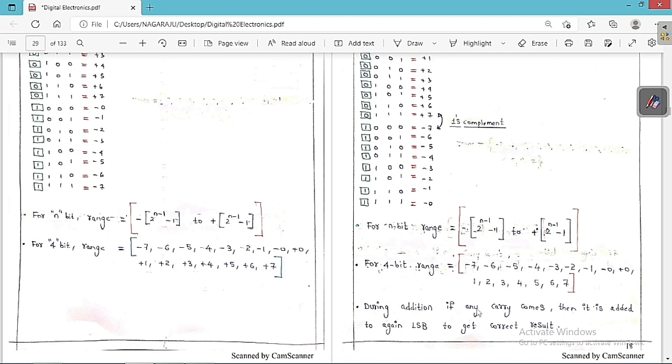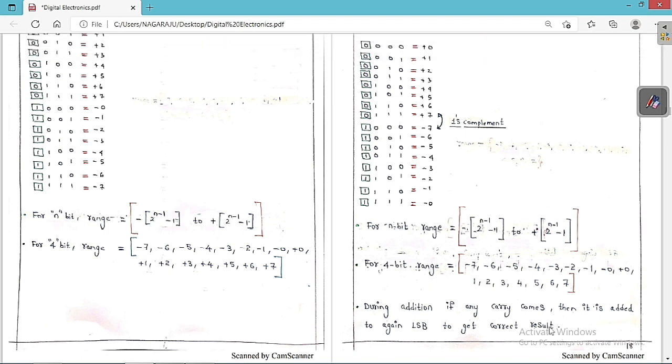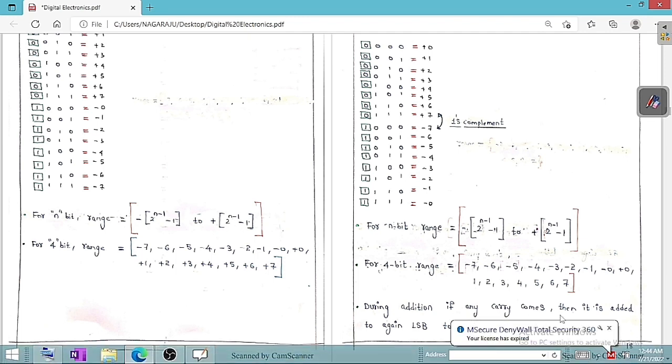So during addition, if any carry comes, then it is added again to the LSB to get the correct result. Basically, if you are doing addition with the help of ones complement, and any carry comes, then we have to add it to the LSB again to get the correct result.